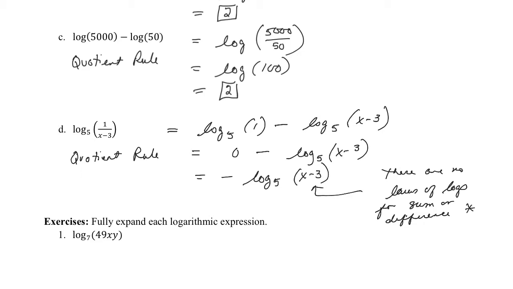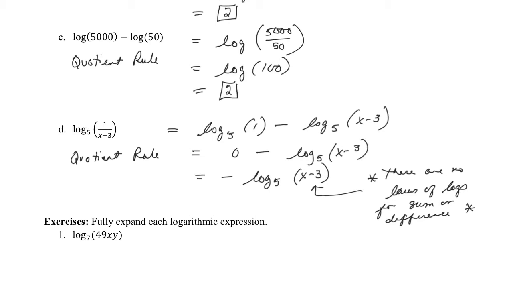So that's a common mistake. People want to take that log base 5 of x minus 3 and split it into 2 different logs. You can't do that. The product rule tells me if this said x times 3, you could split it with addition. And the quotient rule told me if it said x divided by 3, that you could split it using subtraction. But there are no laws of logs for sum or difference within the log.